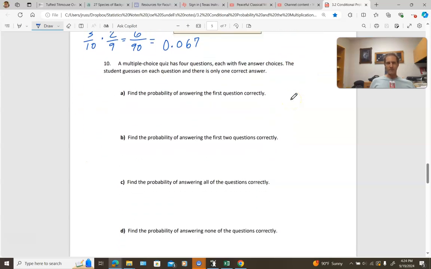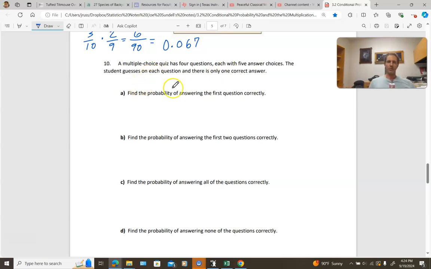Number 10 here. So we're taking a multiple choice quiz again, and there's 4 questions, and each has 5 answer choices. A student is going to guess on each question, and there's only one correct answer. Okay, so this is a typical multiple choice quiz.